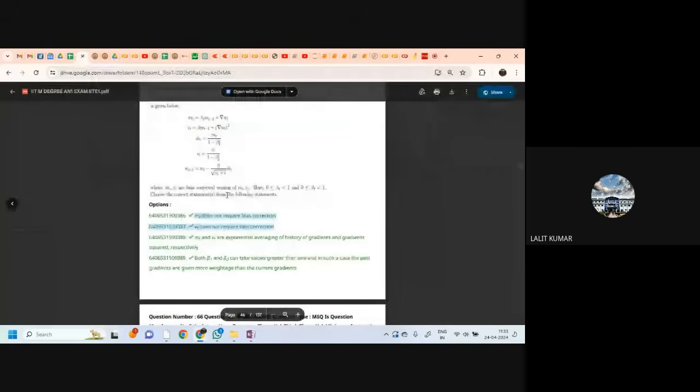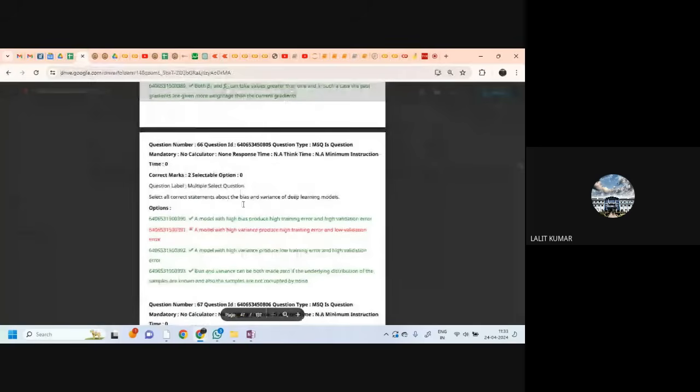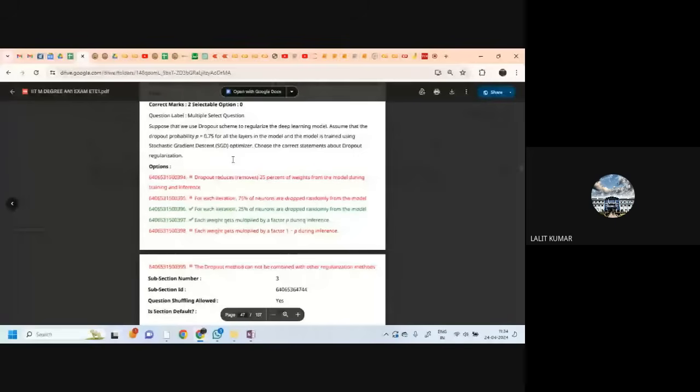Okay, this we have covered. Select all the following. We covered this: if the complexity is like this, the graph will become like this, and this will become like this. So this is clear. In this, the part about bias and variance both being zero: the underlying distribution of the samples is known, and all the samples are not corrupted by noise.